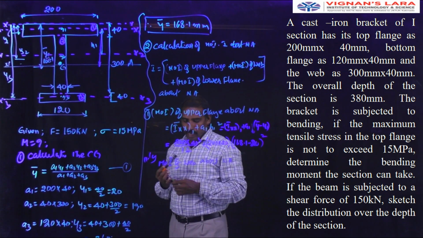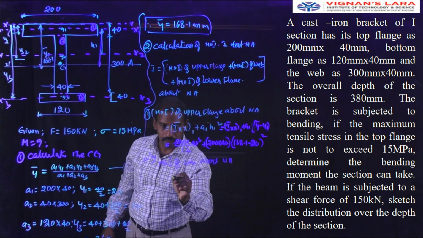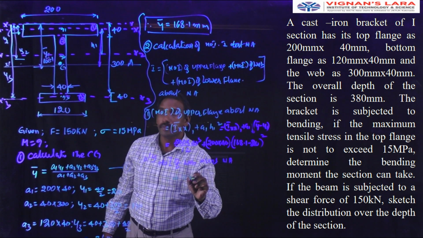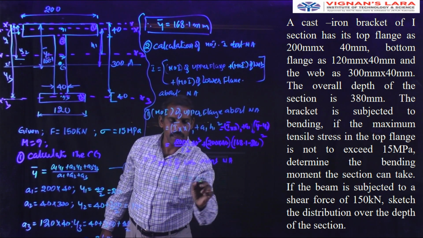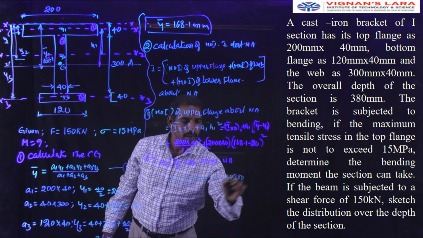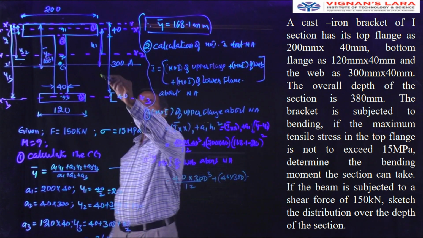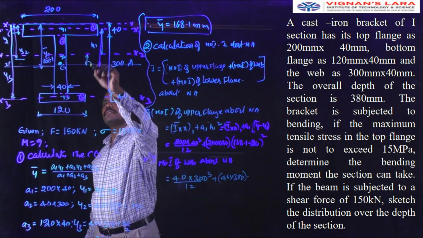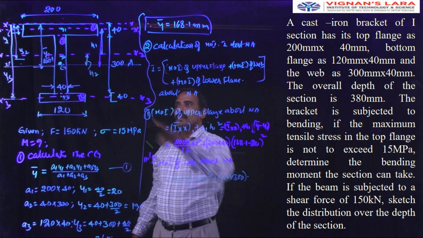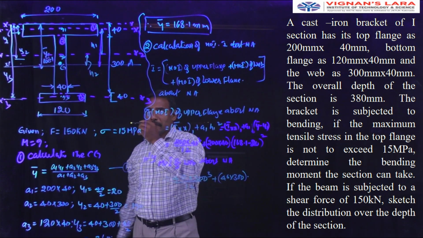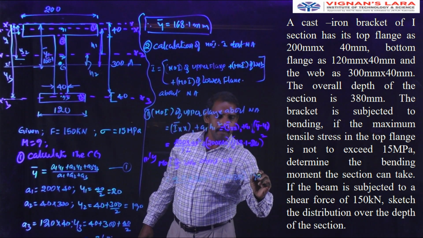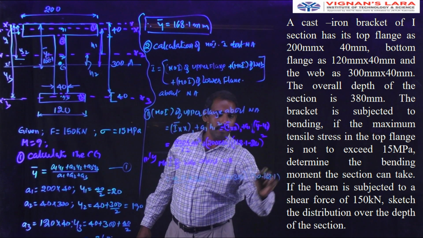Its value is 40 into 300 cube by 12 plus 40 into 300 into h2 squared, where the perpendicular distance h2 is simply y bar minus y2. Y2, you know, is 190. So 190 minus 168.1, whole squared.